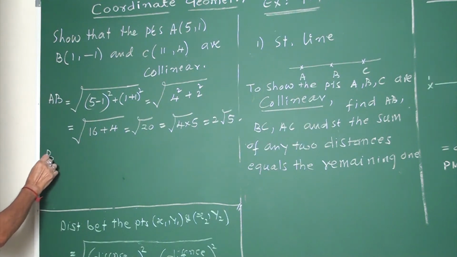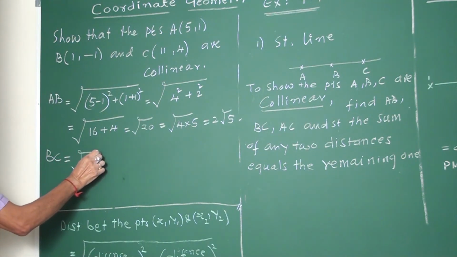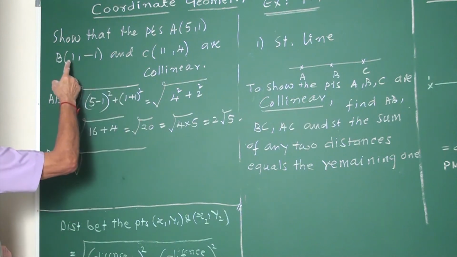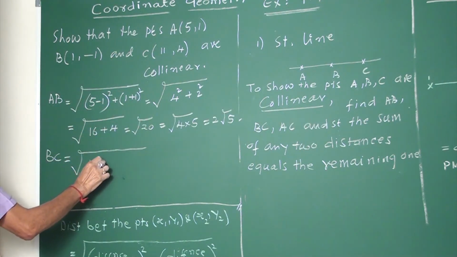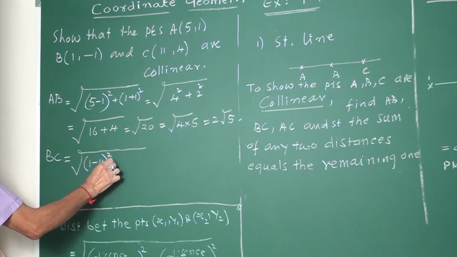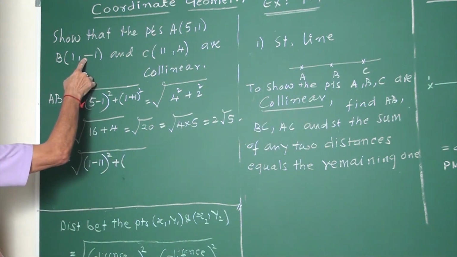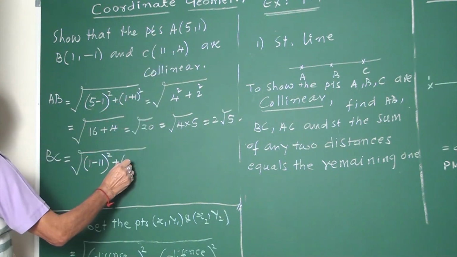Next is BC. Square root of (1 minus 11) whole square plus (-1 minus 4) whole square.